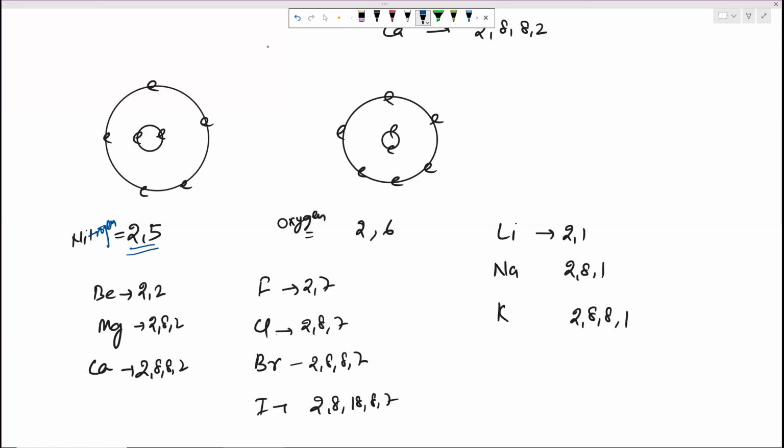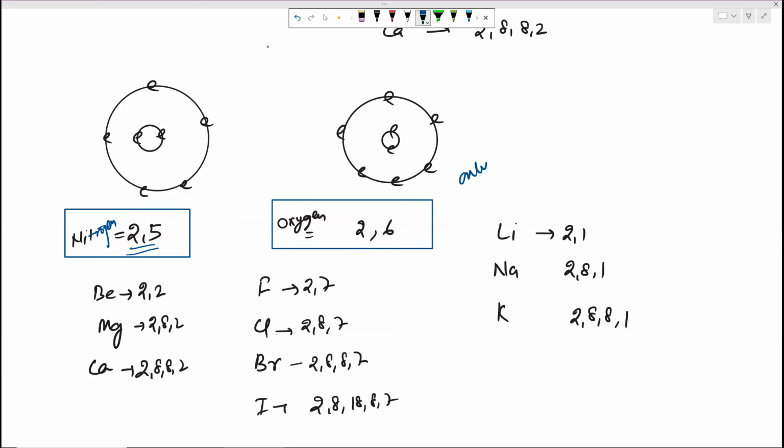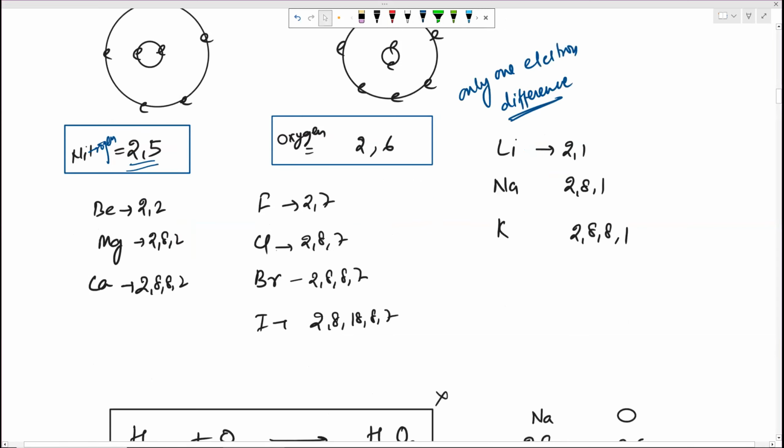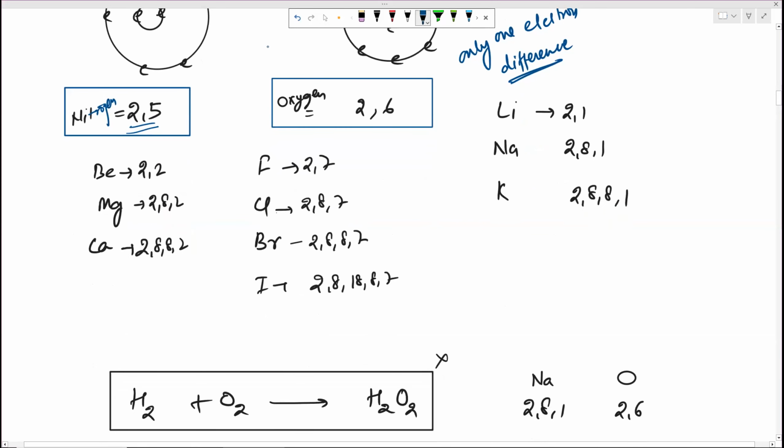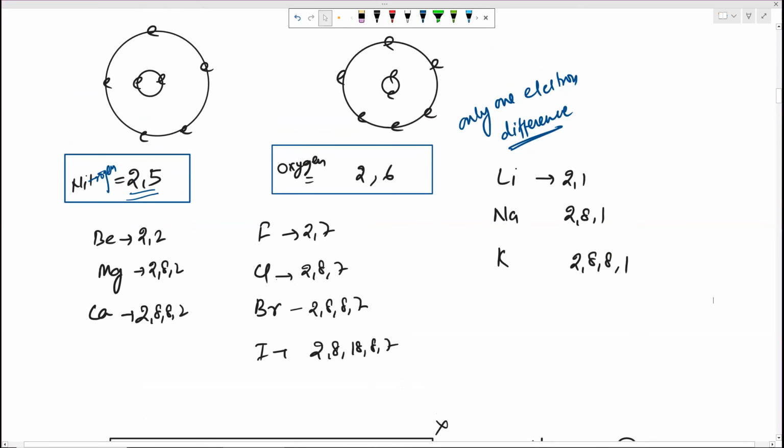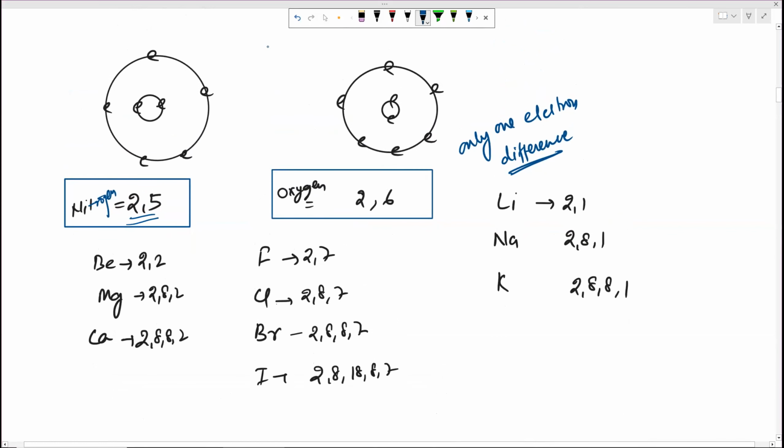Can you see that the property of nitrogen and oxygen is entirely different now? Here nitrogen has 2,5 and oxygen has 2,6. There is only 1 electron difference, and this 1 electron is making the oxygen and nitrogen gas different.